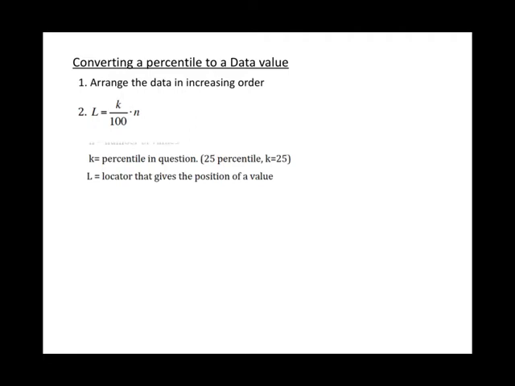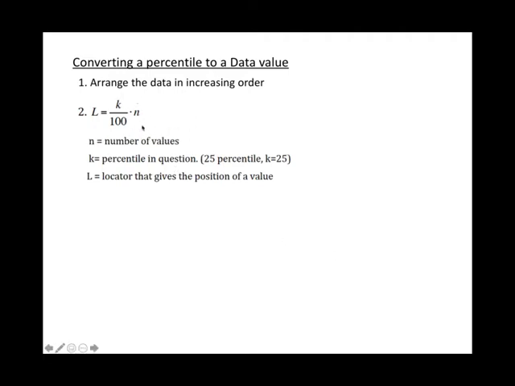We're going to follow this procedure, converting a percentile to a data value. First, make sure data are arranged in increasing order. Then you're going to apply this formula: L equals K over 100 times n.